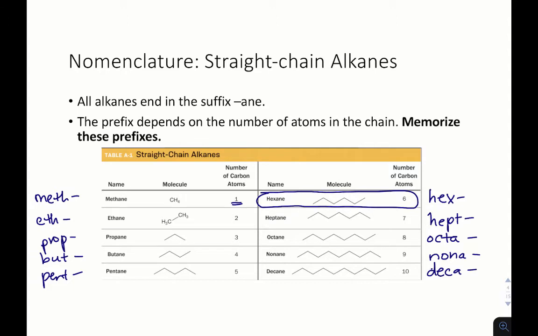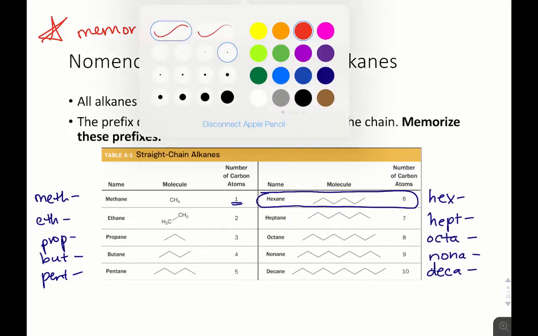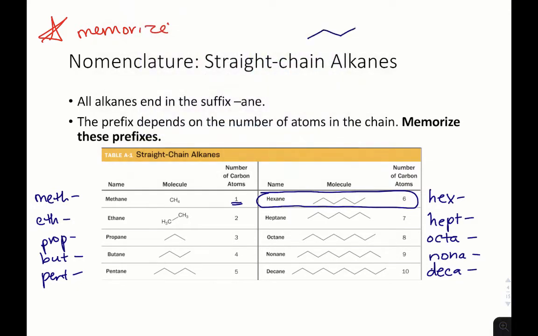Okay. All right. Now, for straight chain alkanes, super simple. You just use the prefix that has the right number of carbons, and you put ane at the end. You do need to memorize these prefixes. So, can we name this straight chain alkane?